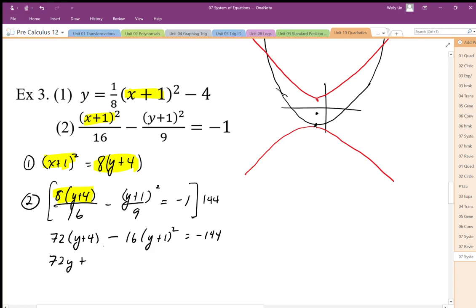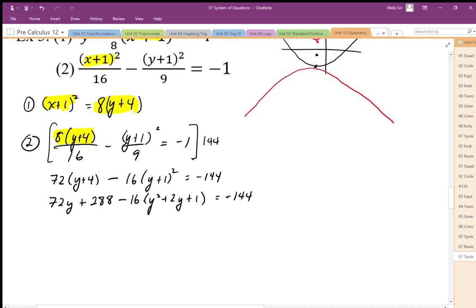72 times 4 is 288, minus 16 times y squared plus 2y plus 1, equal to -144. I'm going to move that -144 over in a minute. I need to make sure I expand those brackets out first. There's a negative there, so I have to be extra careful with it. I'm going to get -16y squared minus 32y minus 16 plus 144.